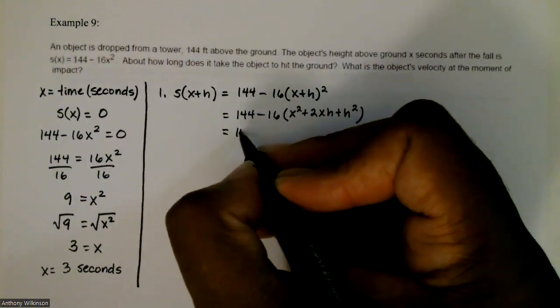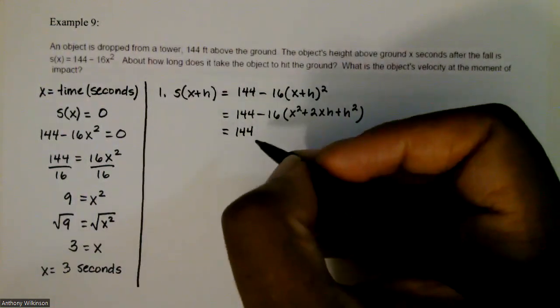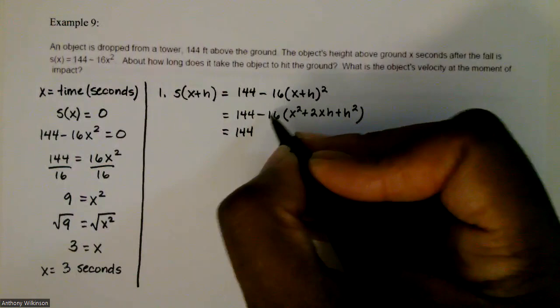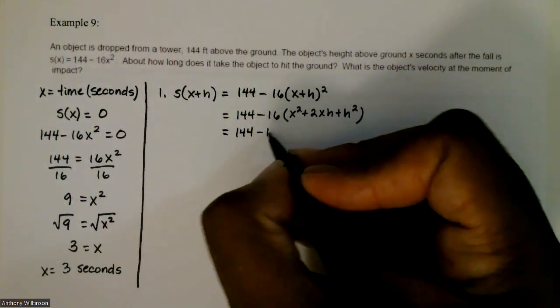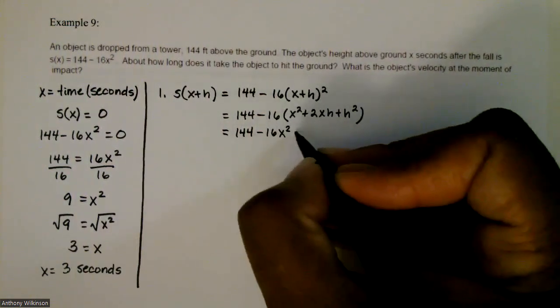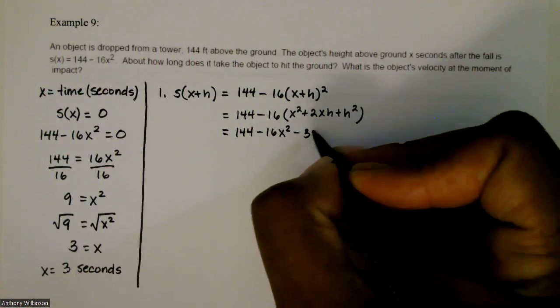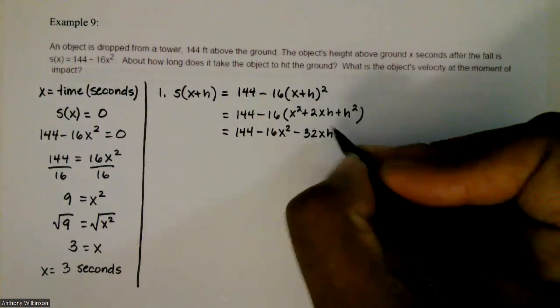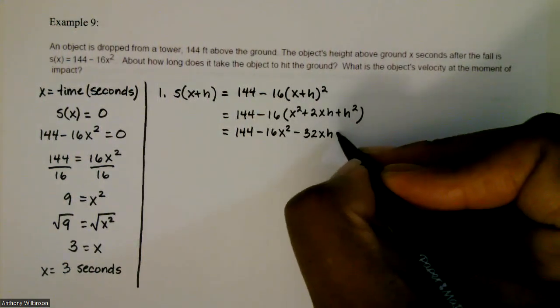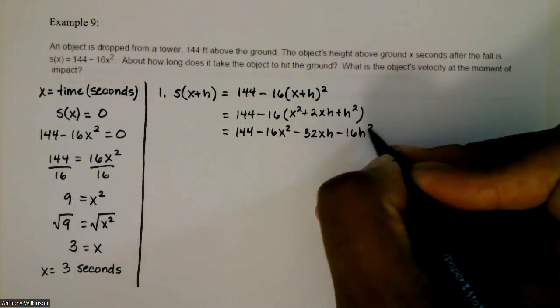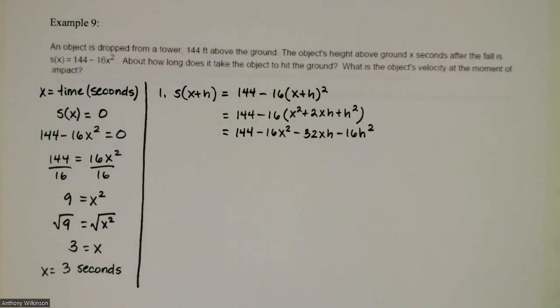So distribute the negative 16, you got 144. Negative 16 times x squared will be negative 16x squared. Negative 16 times the plus 2xh will be minus 32xh. And then negative 16 times the h squared will be minus 16h squared. So that's s of x plus h.